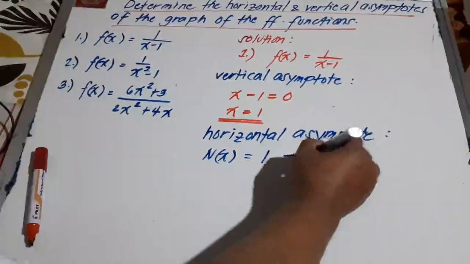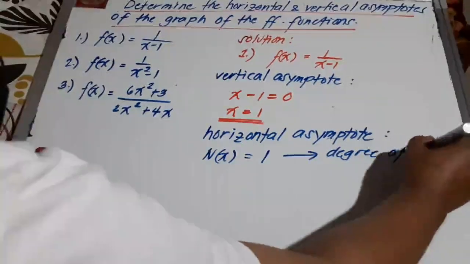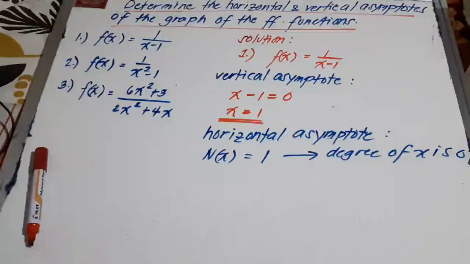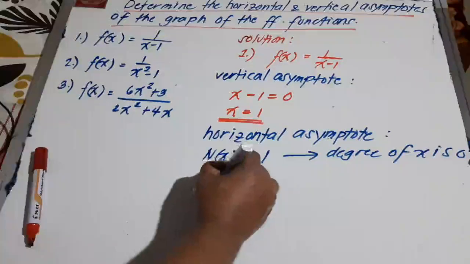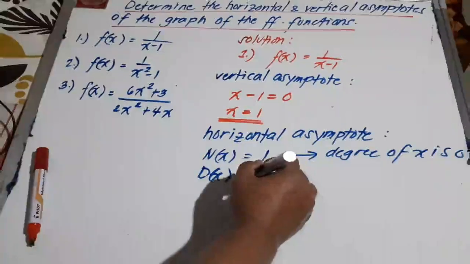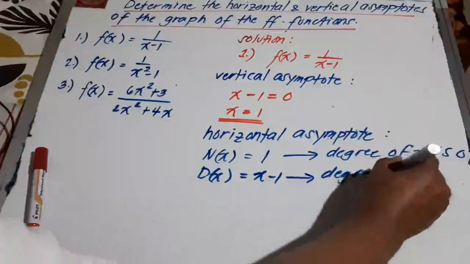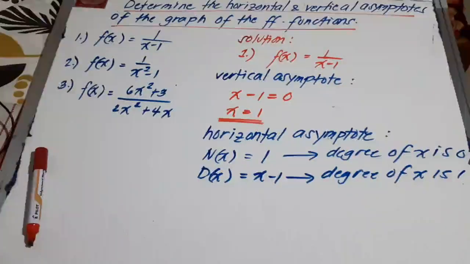Ang degree ni x dito ay 0. Okay? Because x to the 0 is a constant term. So, ang degree ng x sa numerator is 0, while this denominator, d of x, we have x minus 1. Ang degree niya dito ay, the degree of x is 1. So, mas malaki ang degree ng x sa denominator kesa sa degree ng x sa numerator.